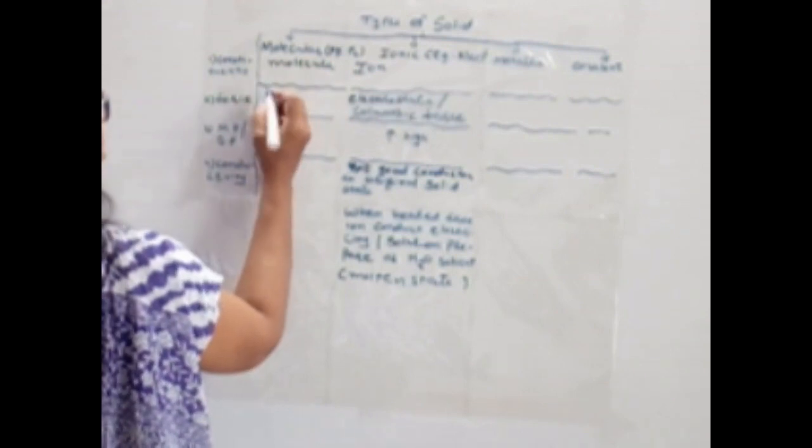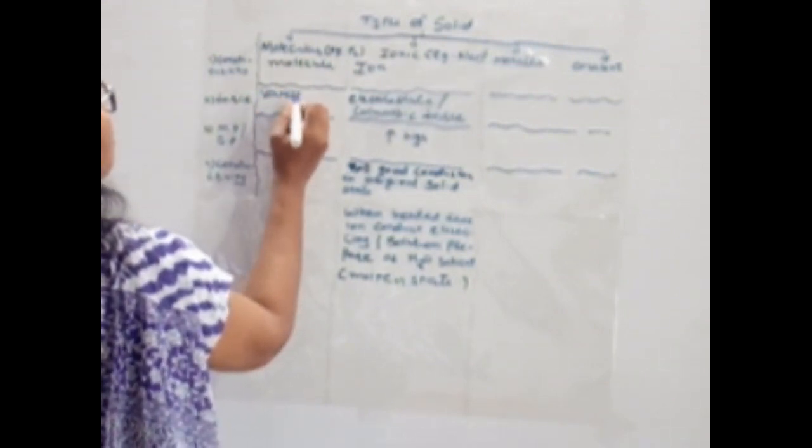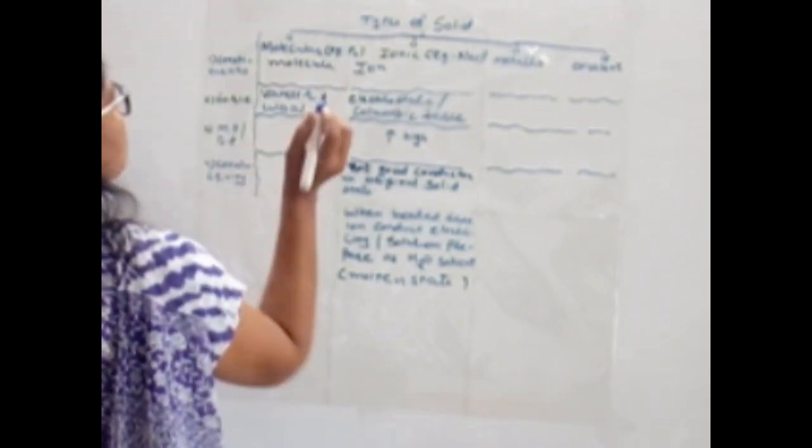Now the second property is force. Which type of force is there in that? Here it is a molecule, so the force of attraction is weak van der Waals force. Students, which are the van der Waals forces?